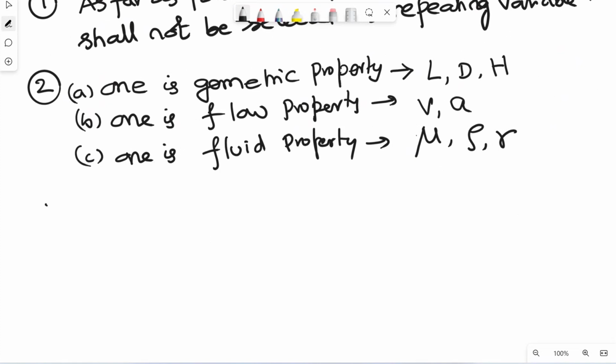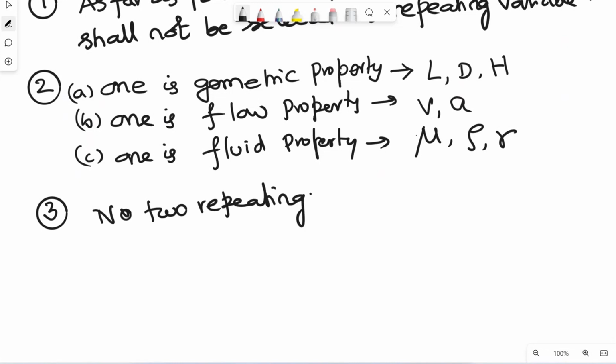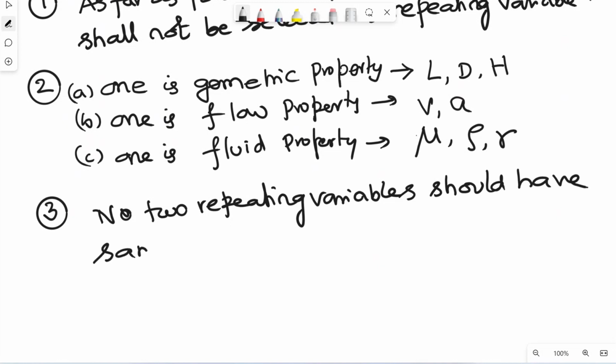Next, third point is no two repeating variables should have the same dimensions. That means you cannot take L and D as two repeating variables, because L and D have the same dimensions.